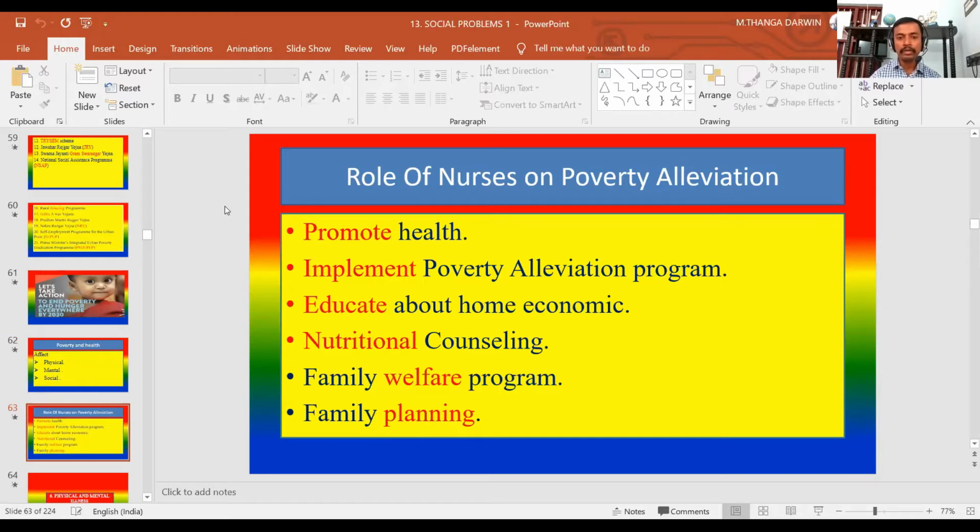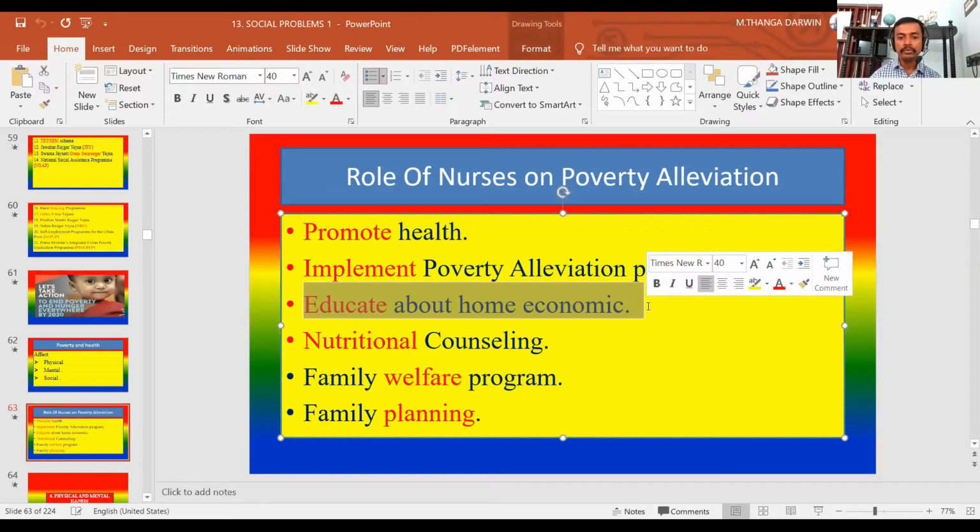Then implement poverty alleviation programs. Then educate about home economics, which we already discussed. Then nutritional counseling. Then family welfare programs: welfare for everyone in the family, mainly child, woman and adolescent.